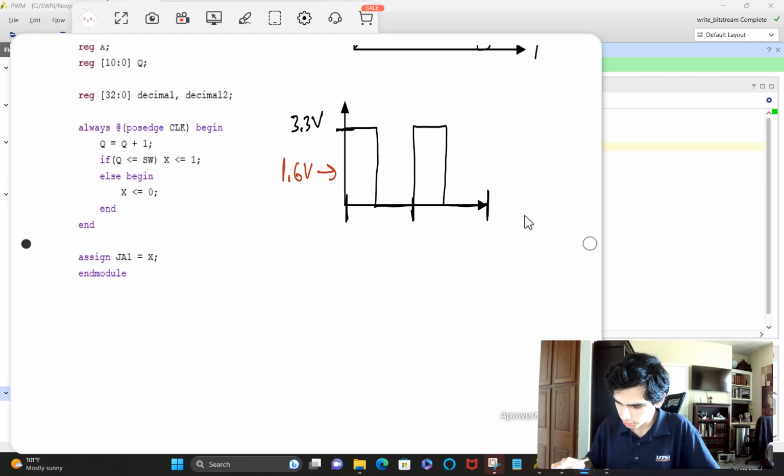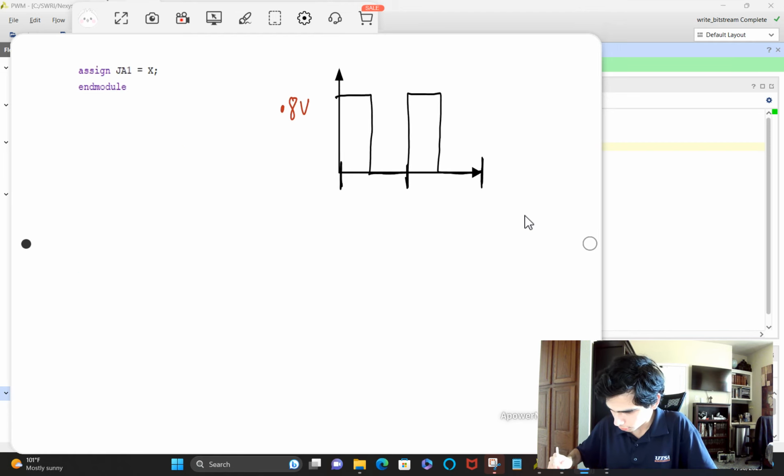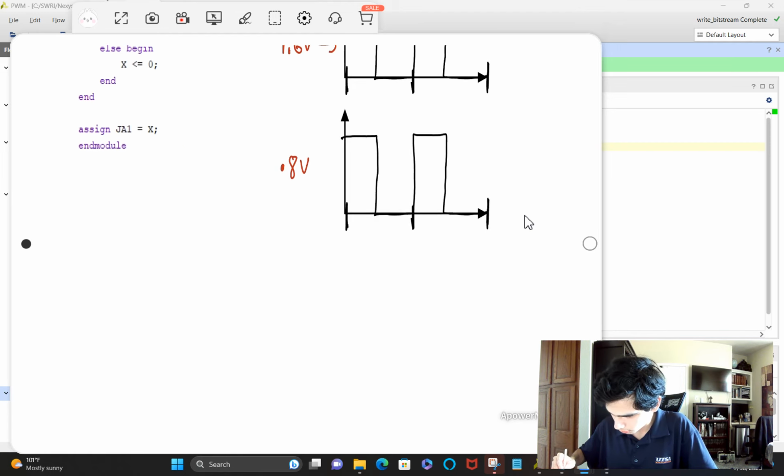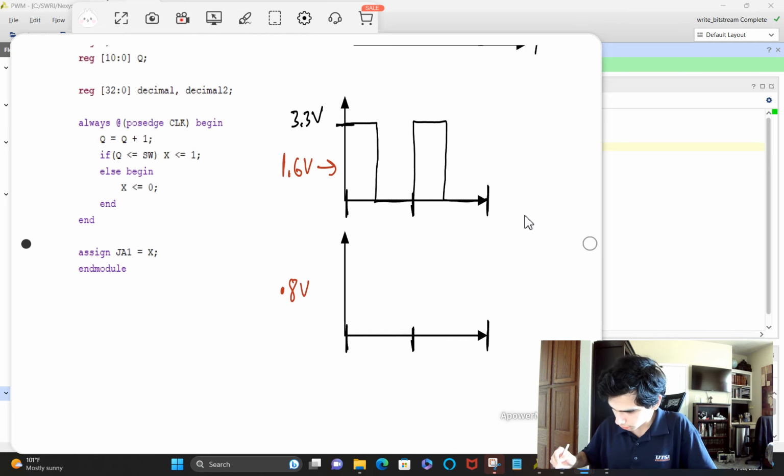If we want to do less, say 0.8 volts or around that much, then what you would do is only turn it on for 1/4 of the time.